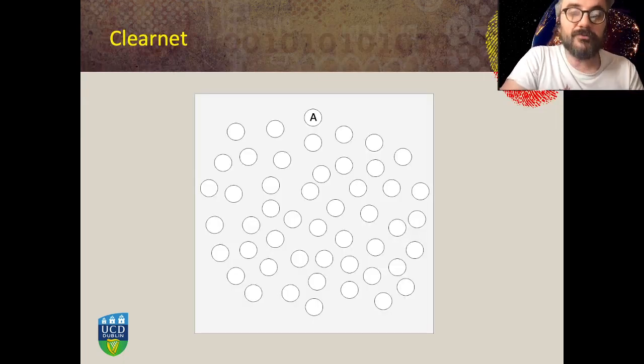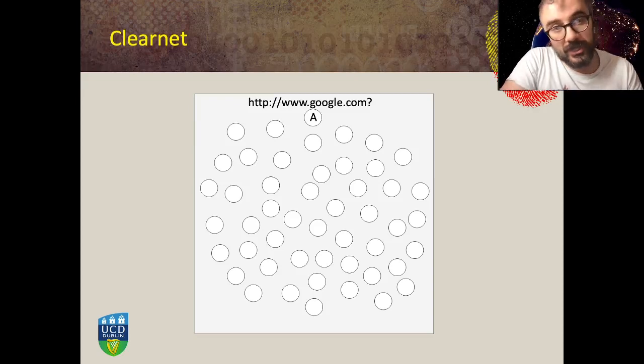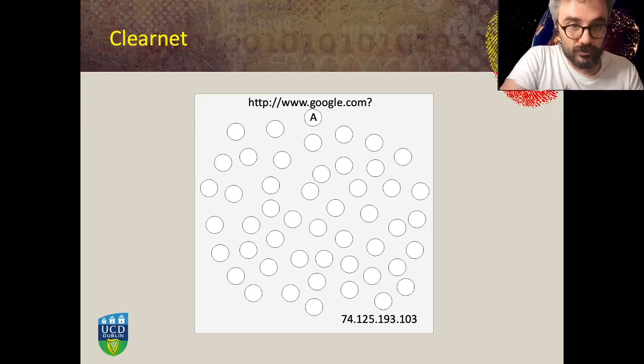And if we compare a typical scenario in the ClearNet where we have a user who wants to access a website, let's say www.google.com, the user enters this address in the address bar of the browser, and the first thing that happens is that the machine has to translate this address into an IP address so that the browser knows where this service is being delivered and how to connect to the service in order to access it.